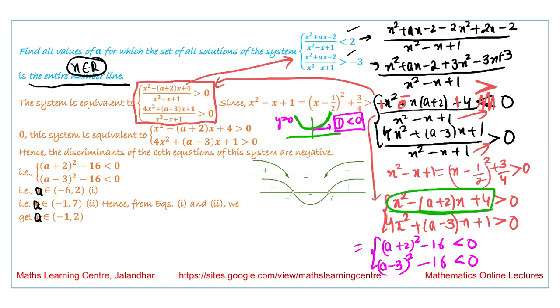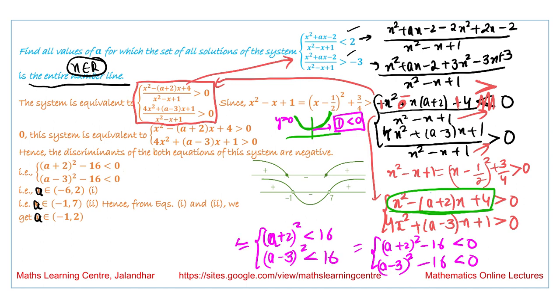So, these equations are equivalent to the first system: (a plus 2) square is less than 16, and (a minus 3) square is less than 16.